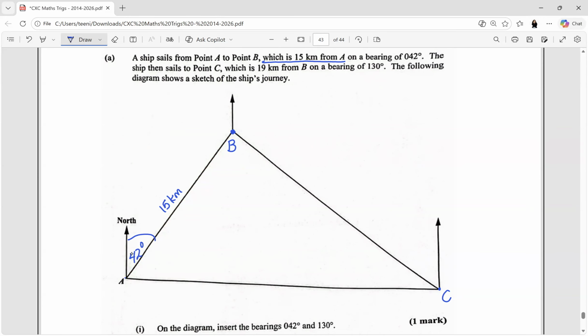And the other part says the ship then sails to point C. So you're going to C from B, which is 19 kilometers from B on a bearing of 130 degrees.